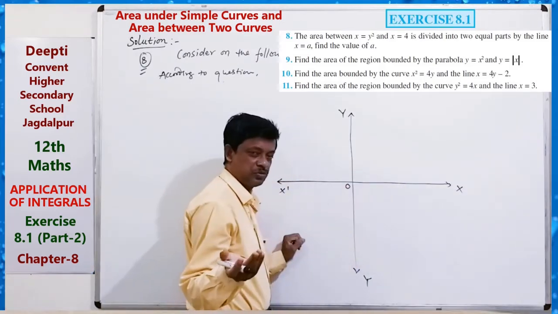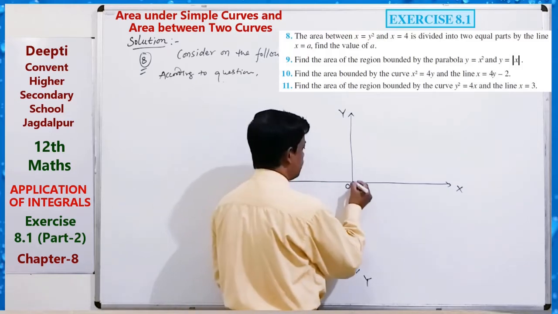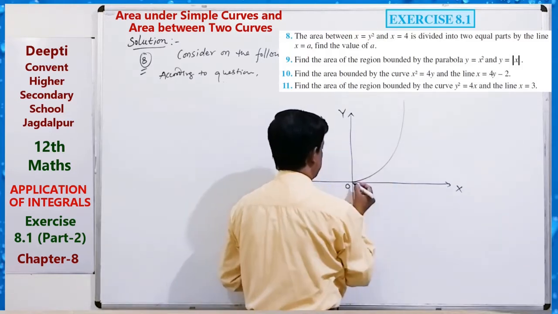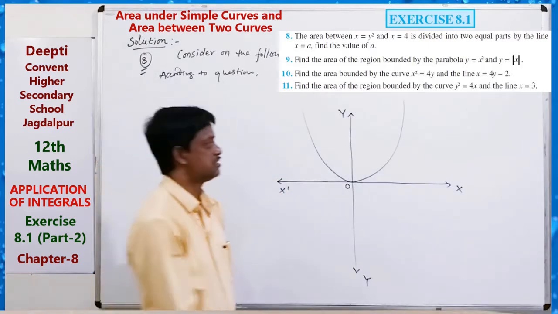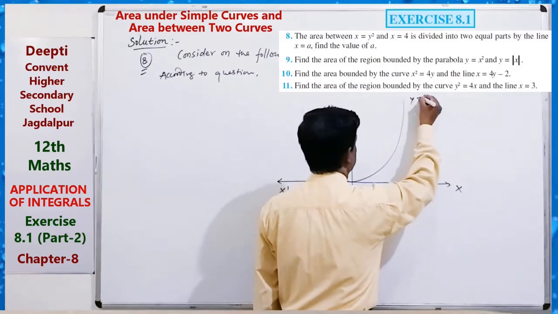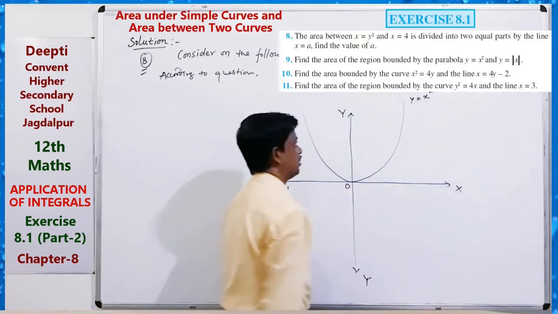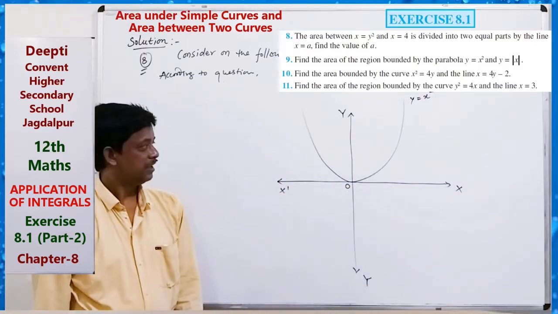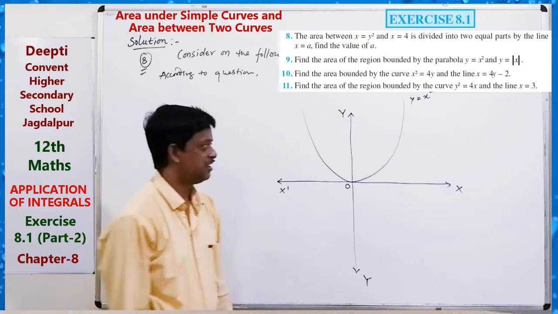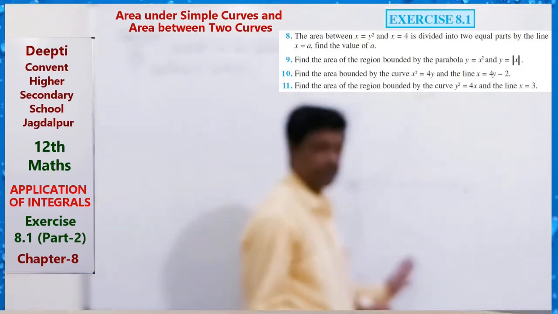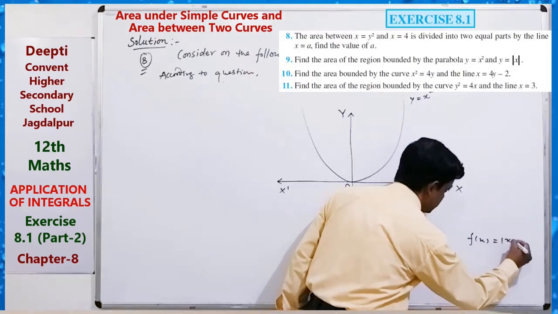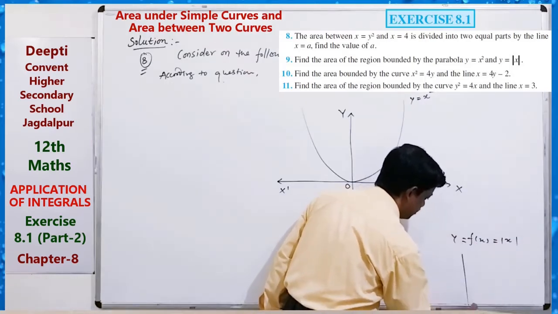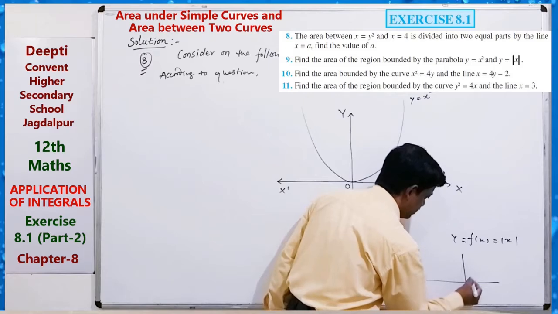The parabola y equal to x square means x square equals a positive value, so that is the upper part. This is the parabola y equals x square. Also we know the graph of the modulus function, f(x) equals mod x, looks just like this.